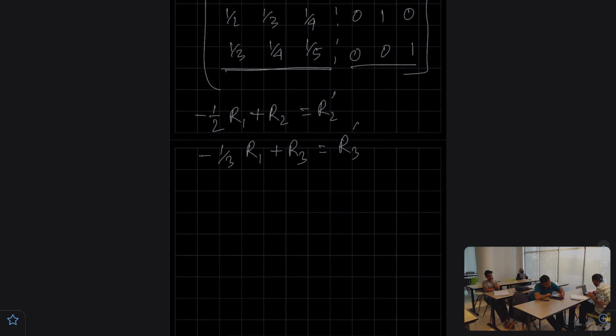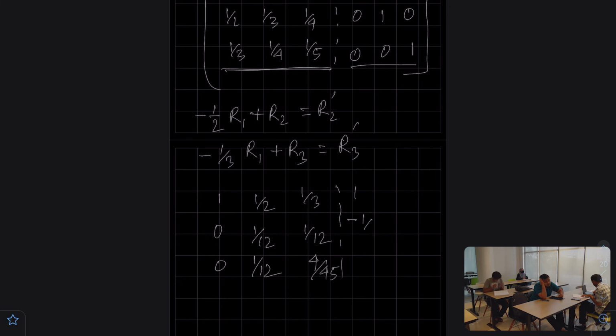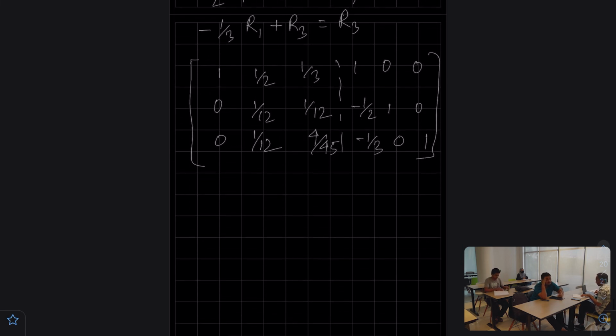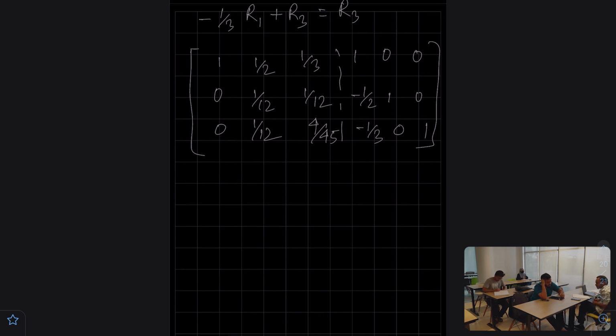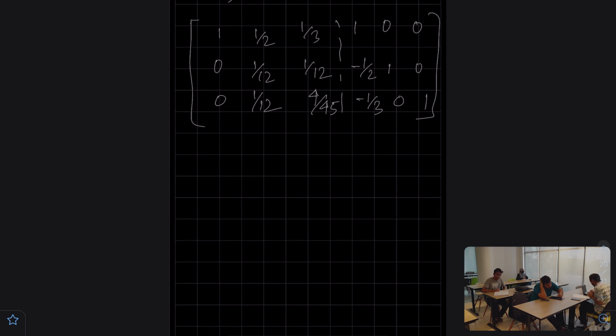This will give me 1, 1/2, 1/3; the second row is 0, 1/12, 1/12; the third row is 0, 1/12, 4/45, with 1 0 0, minus 1/2, 1, 0, and minus 1/3, 0, 1. Then I have to make this a leading one, so I multiply this row by 12.